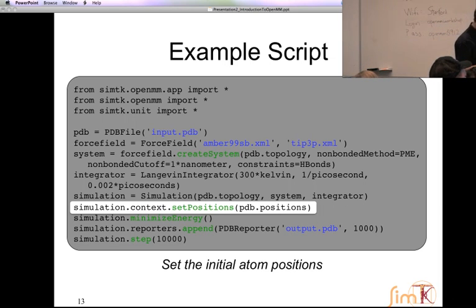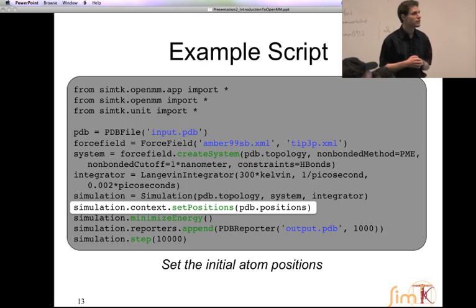So we'll talk about that a bit later. Topology basically describes the chemical structure of your molecule. It says we have this set of atoms that are characterized by these elements. They are connected by bonds. It's a chemical level description. System is more a mathematical description.